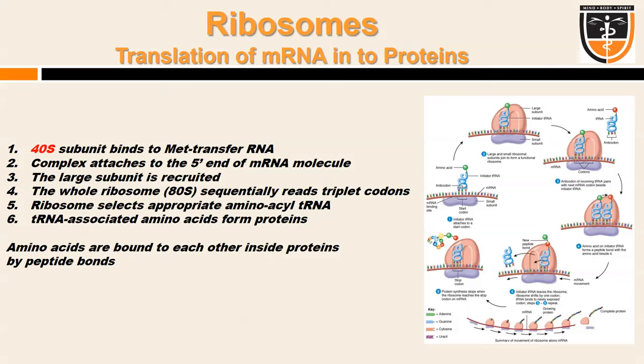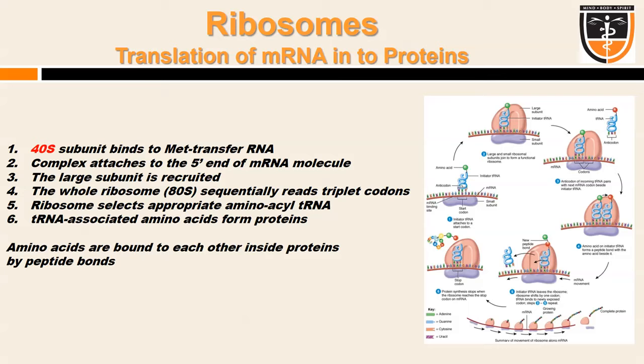Now, the small subunit will recruit the large subunit of the ribosome. So the large subunit will attach and form a sandwich, attaching on top of this complex. Now the large subunit will read the next codon, the next triplet, and will bring in the corresponding tRNA that has the corresponding anticodon.